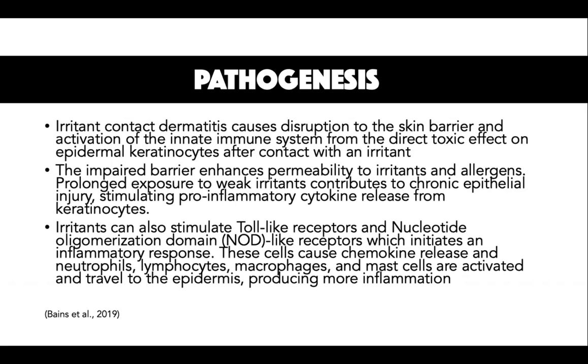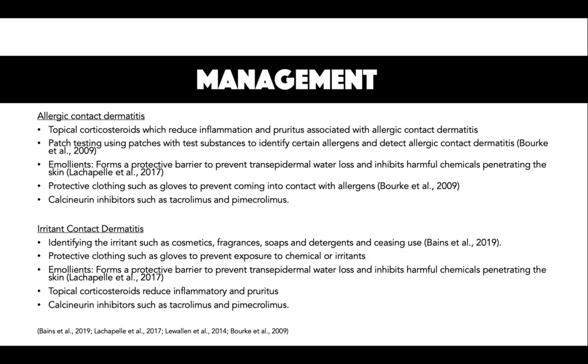Irritants can also stimulate toll-like receptors and nucleotide oligomerization domain like receptors, which initiates an inflammatory response. These cells cause chemokine release and neutrophil, lymphocyte, macrophage, and mast cells to be activated, which travel to the epidermis, producing more inflammation.